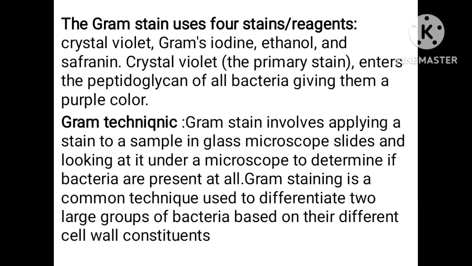The gram stain uses four reagents, as I have told: crystal violet, gram's iodine, ethanol, and safranin. Crystal violet is the primary stain, which enters the bacteria, giving them a purple color.